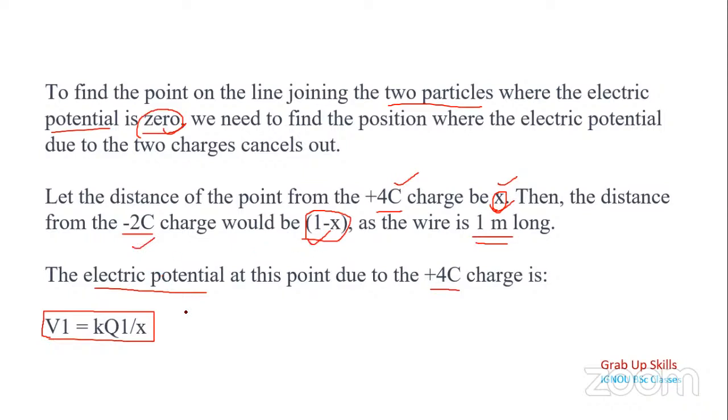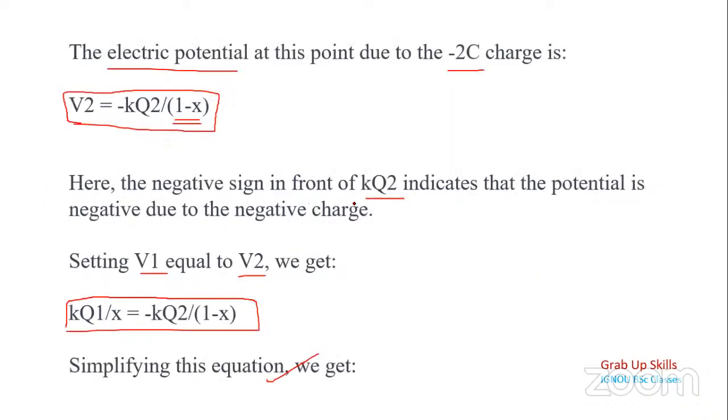So what would be the electric potential due to the plus 4C charge? This would be the equation. And for the minus 2C charge, this would be the equation. The negative sign in front of this kq2 indicates that the potential is negative. Now we will set v1 and v2 to be equal.